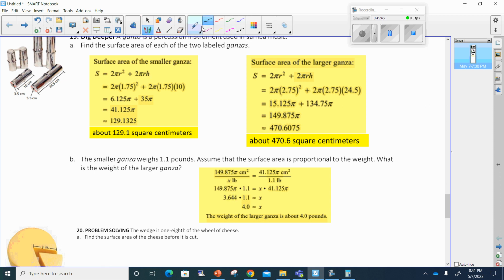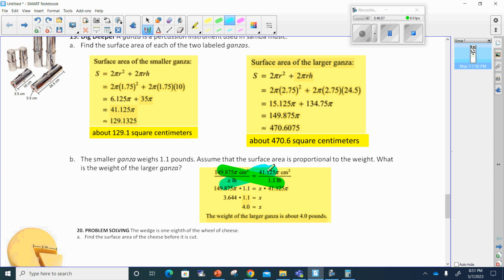Remember how to cross multiply. We're taking this and multiplying it to this on the bottom. And then we're taking this here, the x, and multiplying it to this one here.